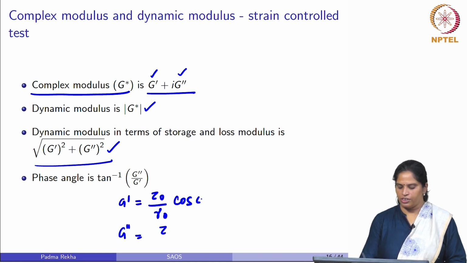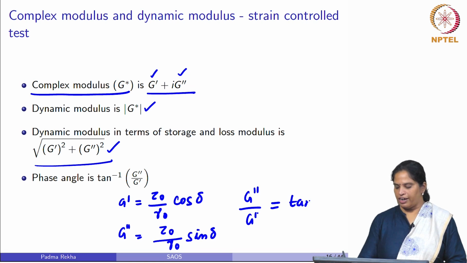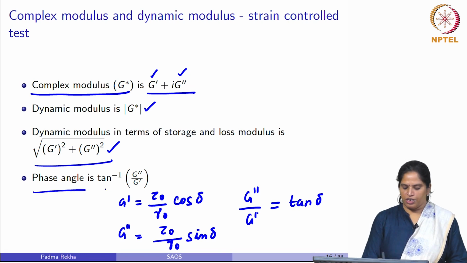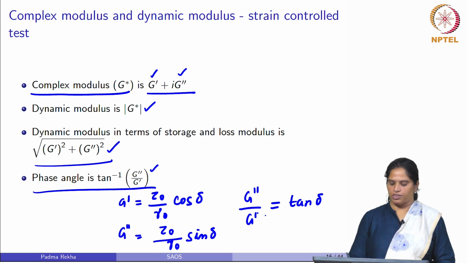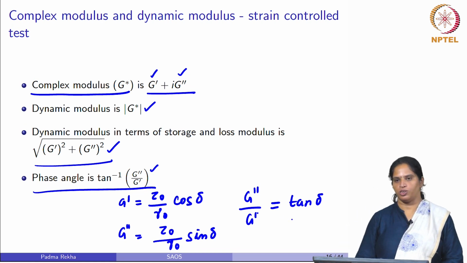G prime is related to cos delta and G double prime is related to sin delta. So the ratio of loss modulus to storage modulus is tan delta. If you want to determine the phase angle from the storage modulus and loss modulus, you can use this expression.